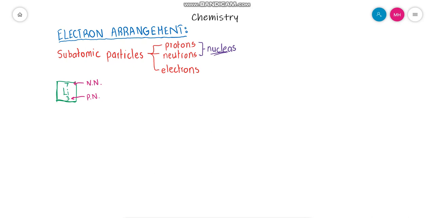We said that it has 3 electrons, because the proton number is 3, so 3 protons, and protons and electrons are always the same in atoms, in order for the atom to have no overall charge. And the number of neutrons is the nucleon number minus the proton number, so therefore 4 neutrons.